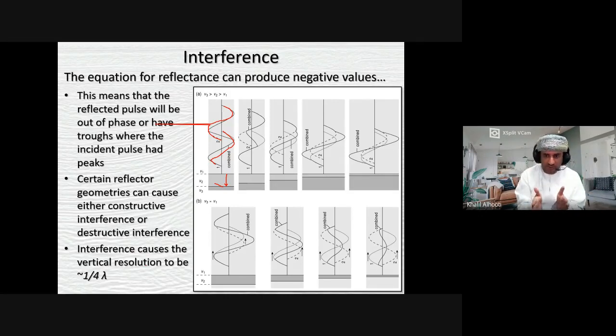The higher the frequency, the shorter the wavelength. So if I want to make my resolution half a meter, my wavelength is supposed to be 2. A quarter of 2 is half. And how do I achieve this goal? By increasing the frequency.